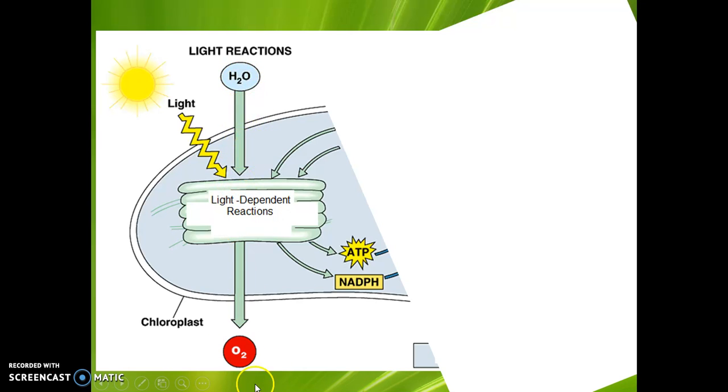We're going to throw the oxygen out. It's garbage. We're going to keep the hydrogen, put it in its taxicab NADPH, send it through the electron transport chain. At the end, it's going to spin through ATP synthase, creating ATP. So we're going to send out ATP and NADPH to part 2.